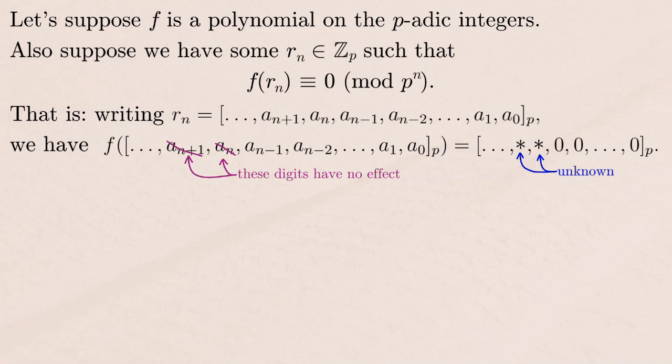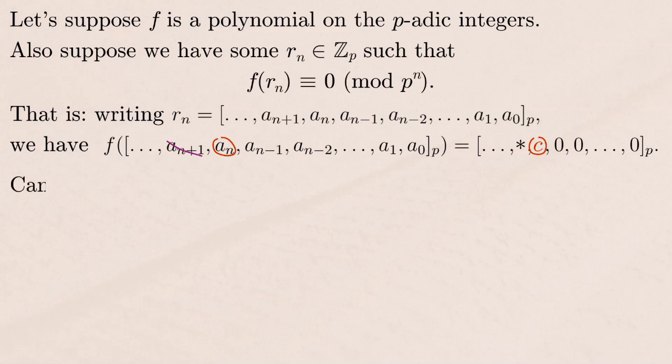Okay, what if we decide to try to take the digit an into account? Well, then we'll get some digit in position n on the right, let's call that digit c, but c might not be 0, because Rn is only an approximate root. It's accurate to at least n digits, but maybe not to n+1 digits. So, can we get a better root?